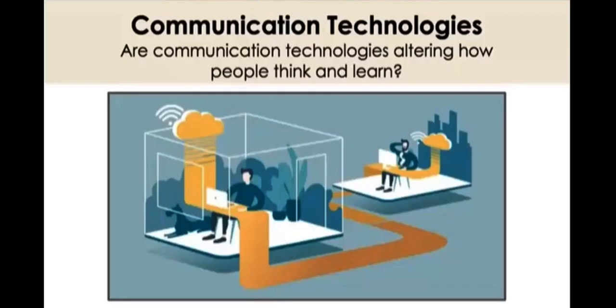Triggering phase. Are communication technologies altering how people think and learn? Technology has the ability to bring people together or tear them apart. While technology is great, it needs to offer creativity and design that encourage and enhance thinking and learning collaboratively.